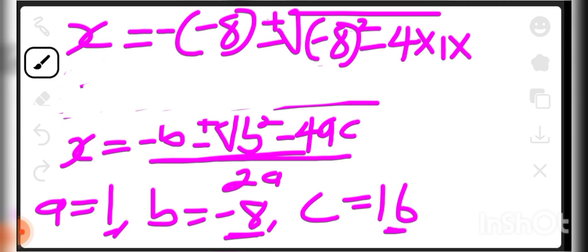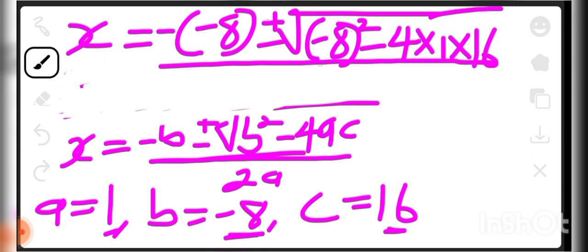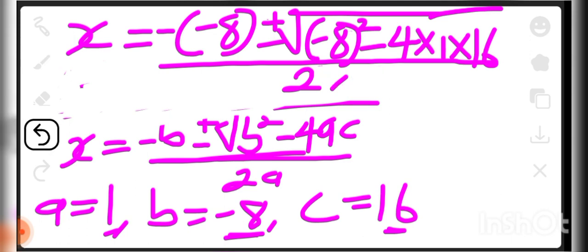Can see here, over 2a. That's what I have now. So the next thing, let's simplify this to see what we are going to have. 2a. Remember, a is 1. So 2 times 1.